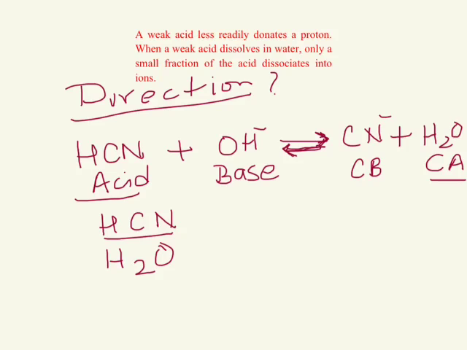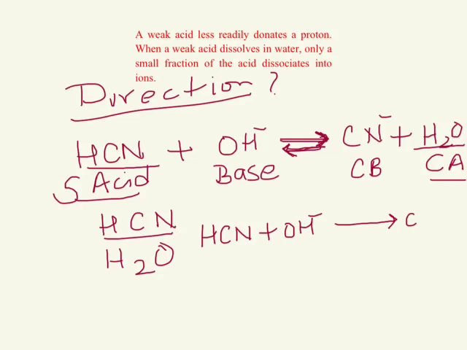Now if HCN is a stronger acid, and we know that the reaction always goes from the stronger to the weaker side, that means this is the stronger side and this is the weaker side. That means the reaction is going more in the right direction. So we put the forward arrow bigger and the backward arrow a little smaller. That shows that the reaction proceeds to the right to form the weaker acid.